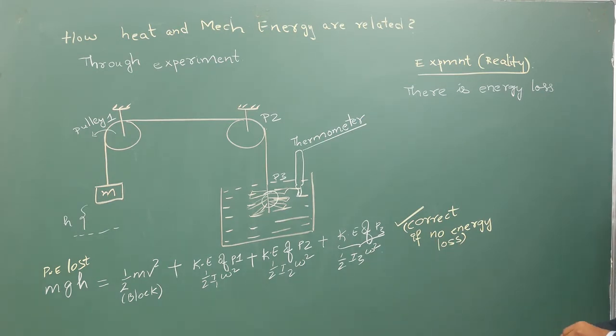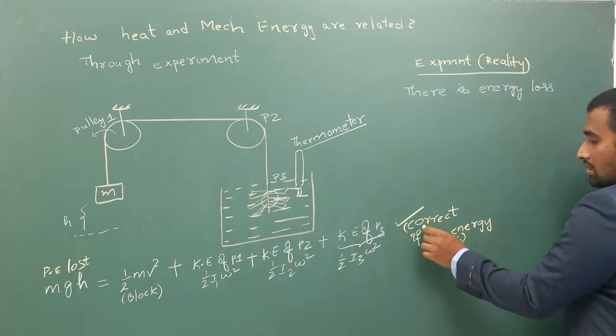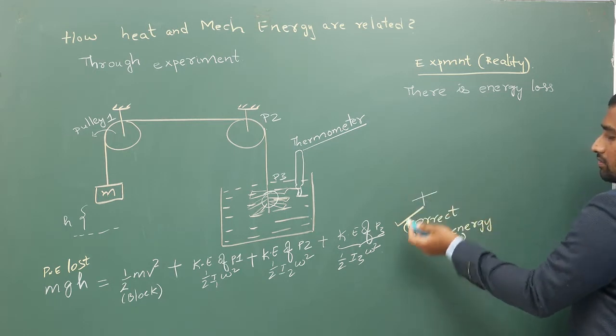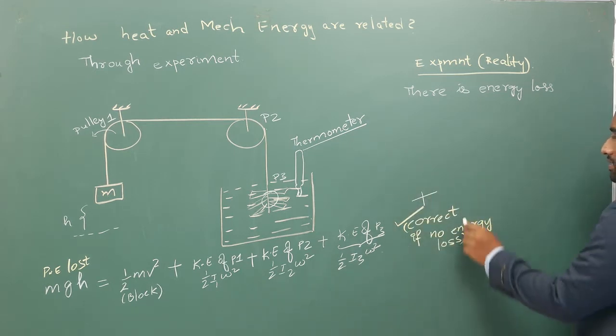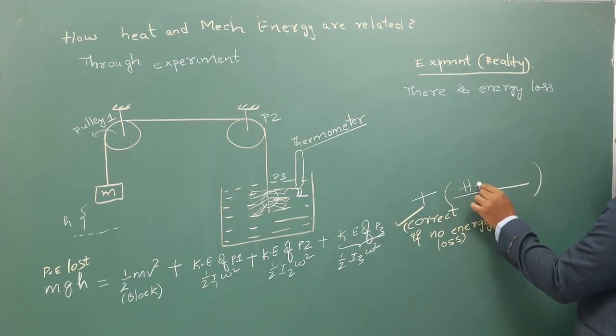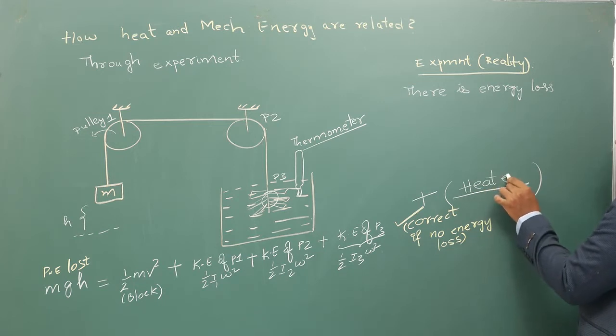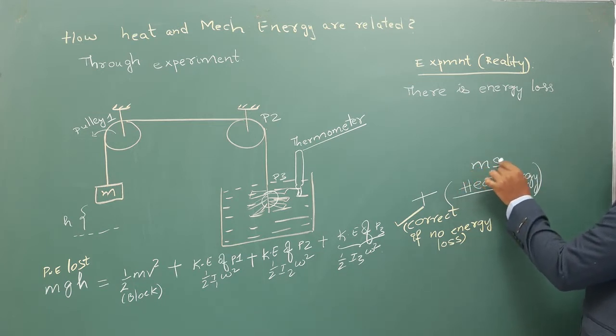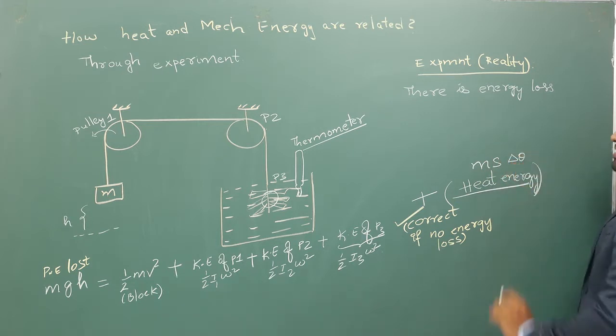So experimentally it was found that an extra term is needed, because it is not balanced. This extra term is your heat energy. It was mass m into specific heat into delta theta.